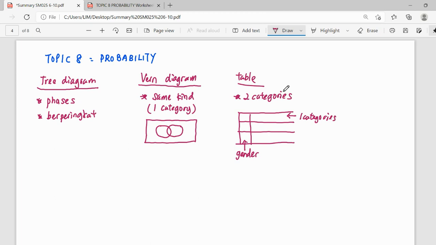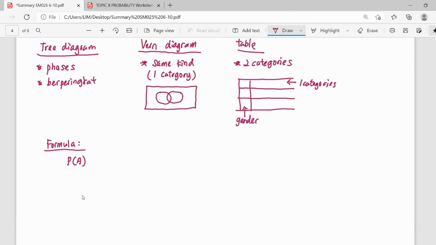Okay, so what is our general formula? When we are talking about probability, we must know our formula. The general formula that you should know is for the probability of an event. So probability, in brackets, the event, which we represent by A. If you have a different notation, you have to stick to it.